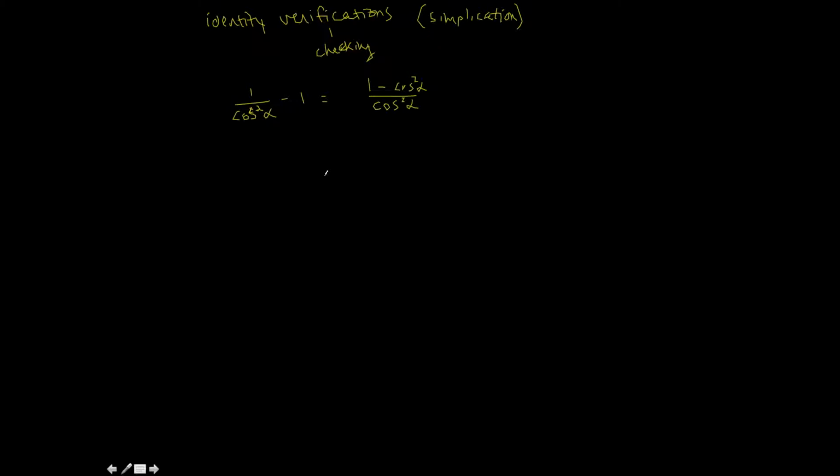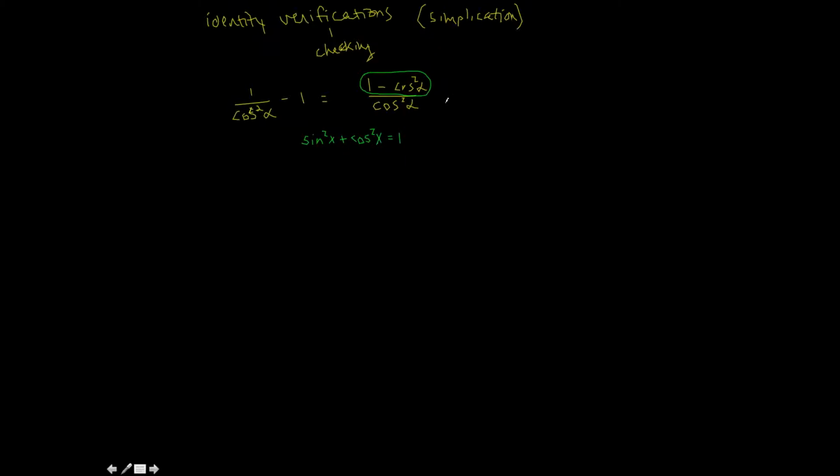Now here's where knowing your identities is going to come in handy. This part on top right here, this is actually, folks, your Pythagorean identity. Sine squared x plus cosine squared x equals 1.